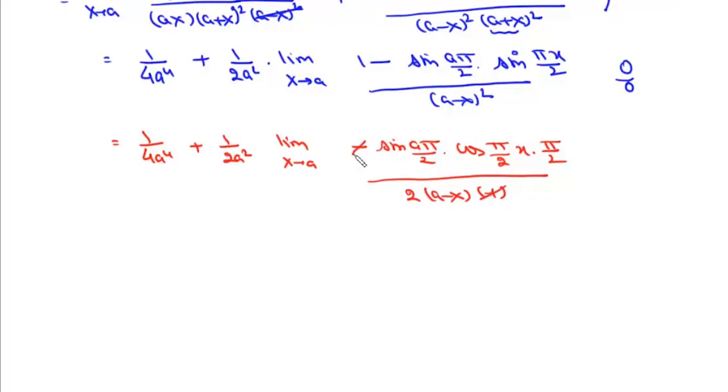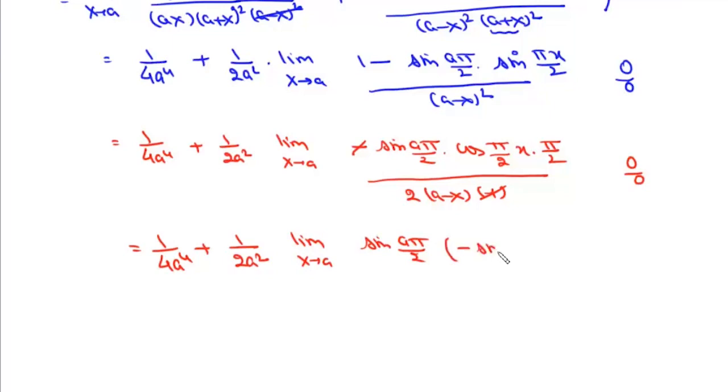Now this minus and minus will cancel. Now this again is 0 upon 0 form, because cos of odd multiple of pi by 2 is 0 and a minus a is also 0. So we now get this as 1 upon 4a to the power 4 plus 1 upon 2a square, and then this limit x tends to a of sine a pi by 2.